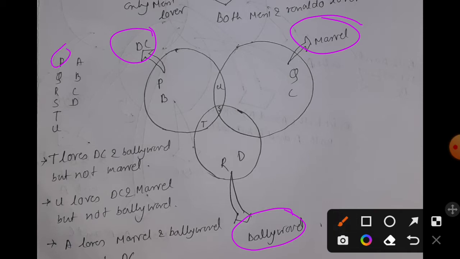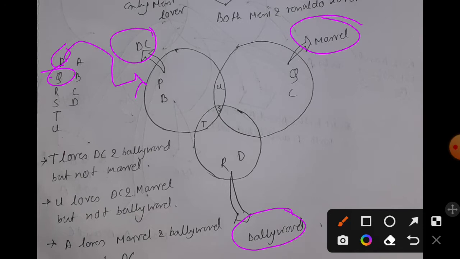Okay, now P loves DC, right? So P will be placed especially in DC, because P only loves DC. That means this part of the area is allotted for those persons who only like DC. Now I asked Q what kind of movies he likes to watch.